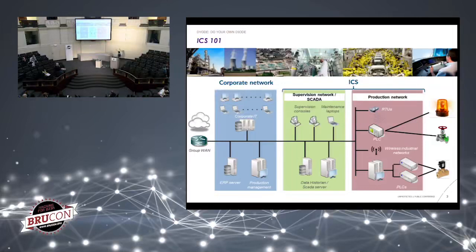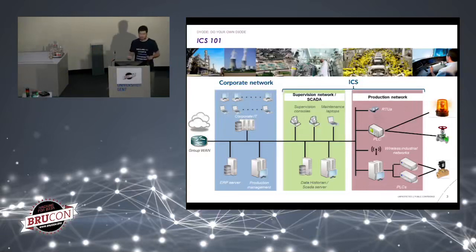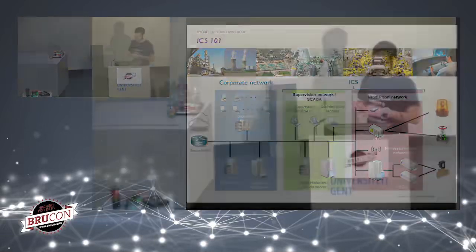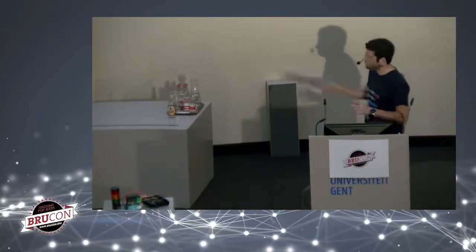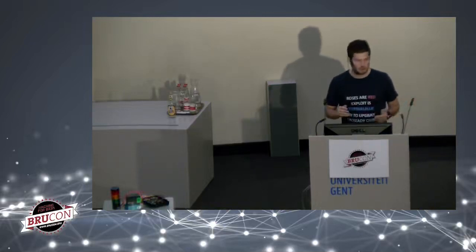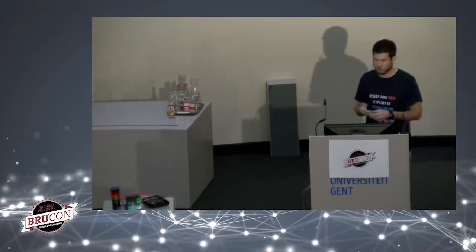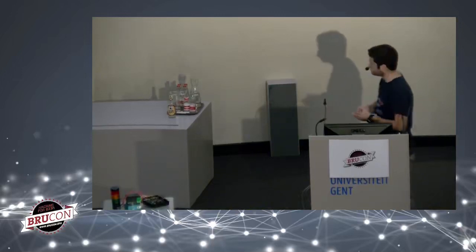That's the production network. If we go one level up, you will have the supervision network, in which you will have Windows machines most of the time, servers, laptops, workstations, with specific software that allows you to manage the PLC. So the idea is to centrally manage all the plant, all the factory, or even, if we're talking about critical infrastructures, for energy distribution for example, you may actually manage the whole country's energy distribution from one single point.